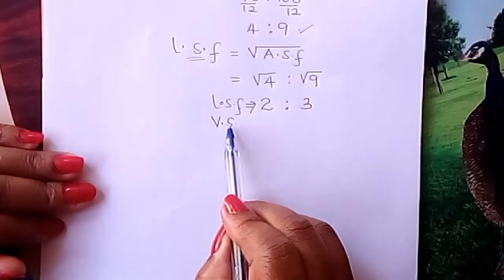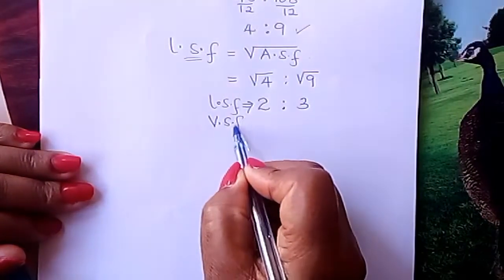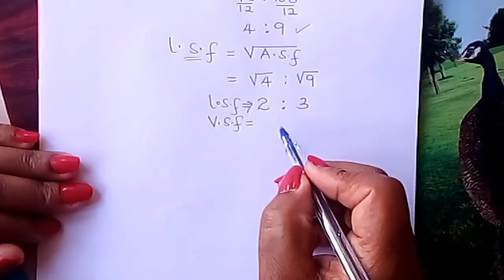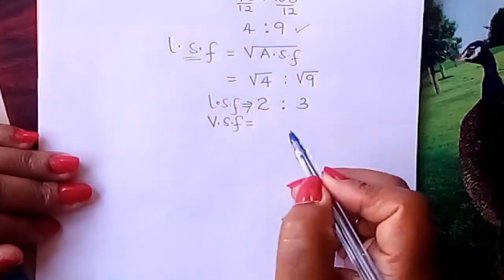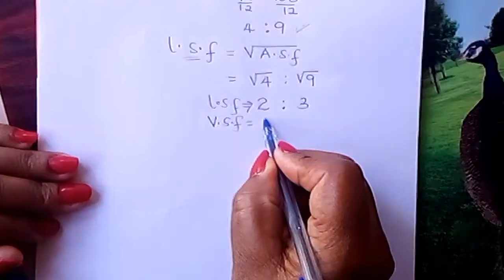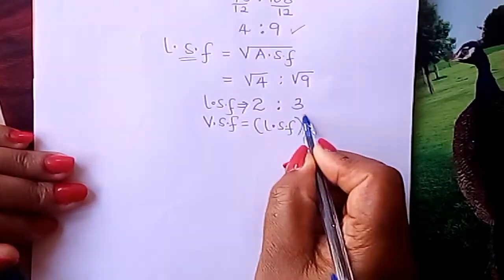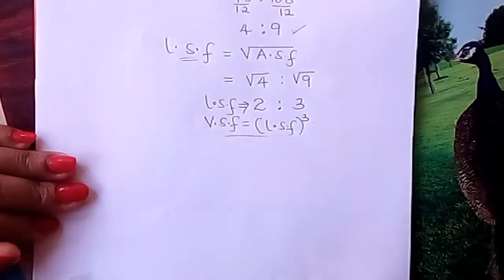From here, learner, the linear scale factor is 2:3. So volume scale factor, VSF in short, is equal to what? To get the volume scale factor given the linear scale factor, we cube the linear scale factor. I'm sure you've come across that.